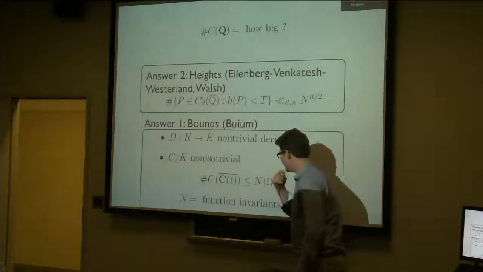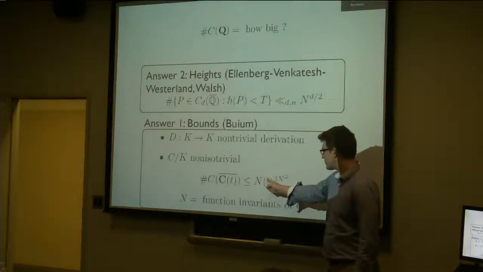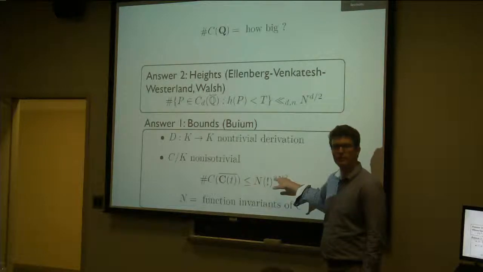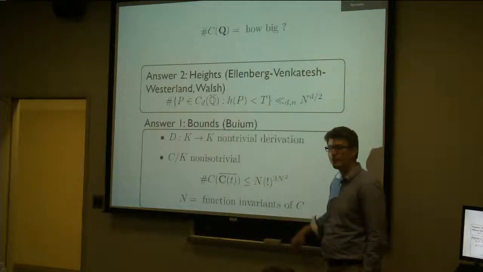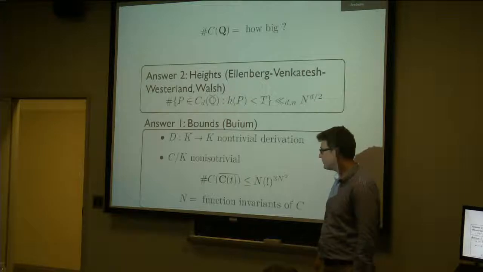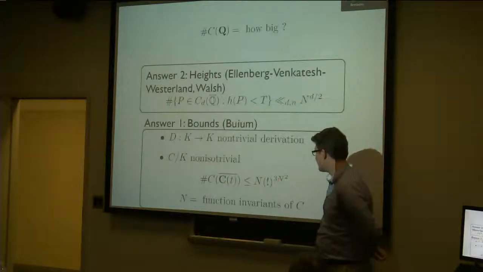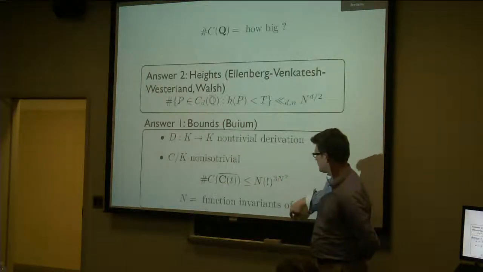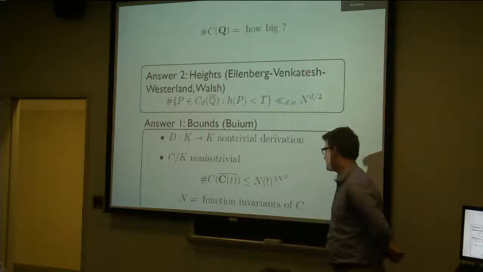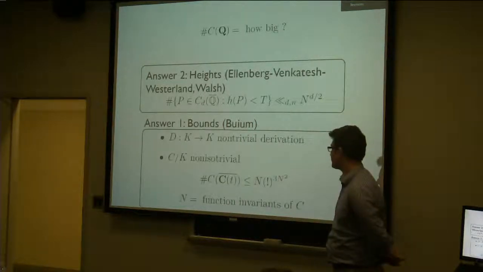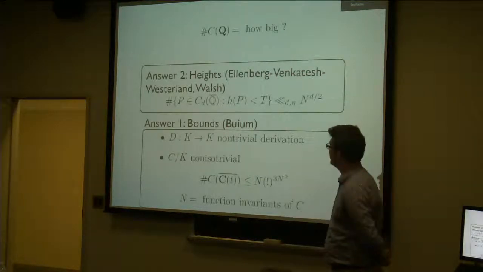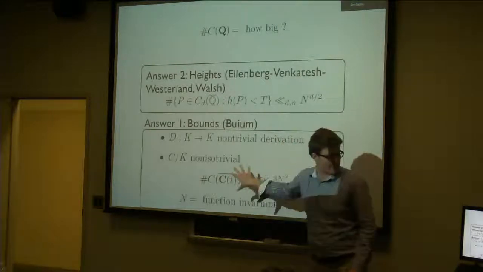Here, when I do a factorial and it's raised to some number, that means you apply factorial that many times. This n will be some invariant. It could be like the rank, and it could depend on the genus and certain intersection numbers. All right, and I am going to focus on this type of answer.